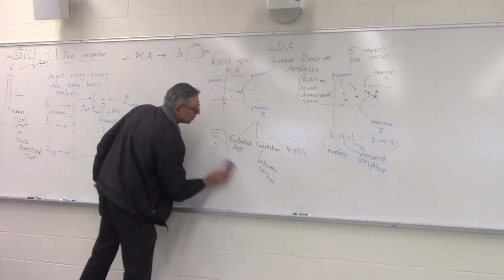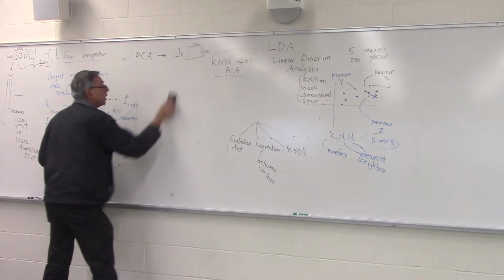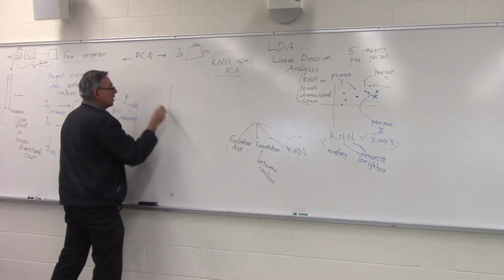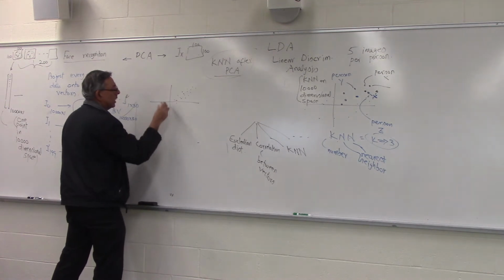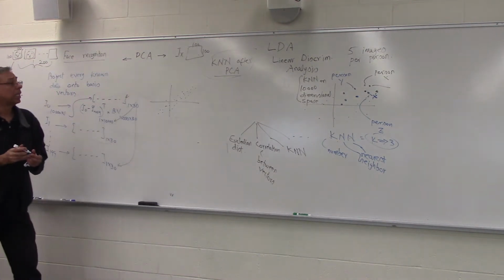Another concept to know about the PCA, and we have talked about it before, is, let's say we have some data over here. It looks like this. So these are our 200 faces, after we've applied the PCA.